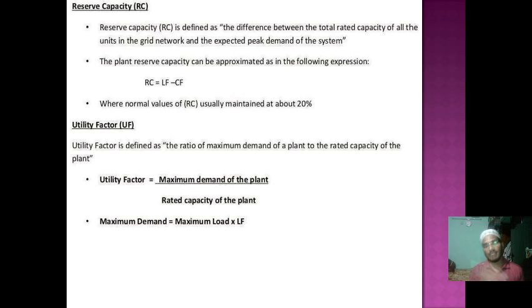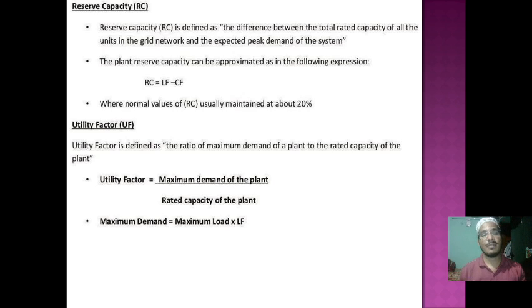If it is inside the limit, it will balance, where the normal value of reserve capacity is usually maintained at about 20%. Take an example of a steam power plant with a capacity factor of 60%. The steam power plant should produce 60% to generate the power.